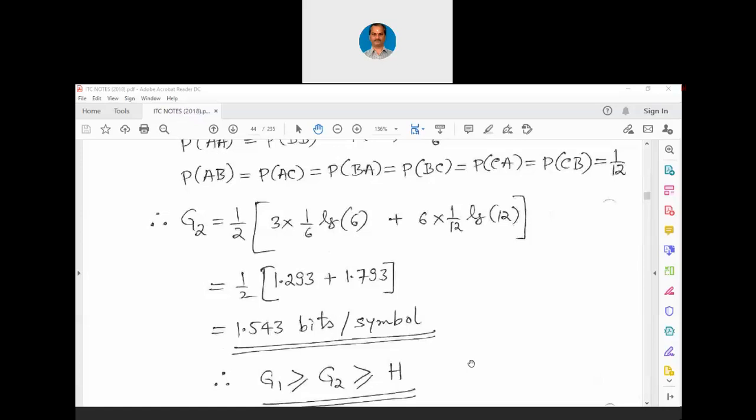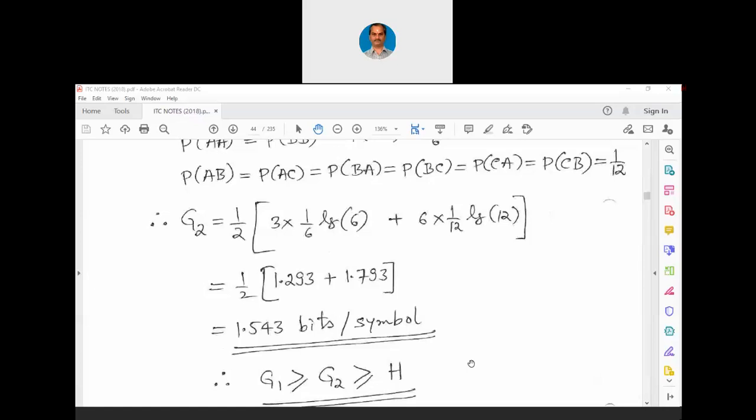So, which means what? If at all they go by car, then the information content per symbol is much larger because they have to handle other things also. If they go by tempo traveler, then the information content per symbol is slightly lesser. If they go by a single bus, then the information content per symbol is still lesser.